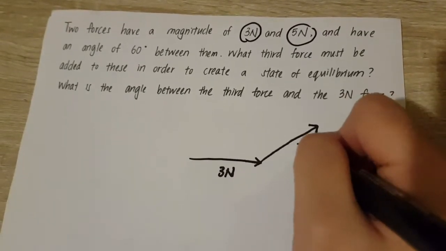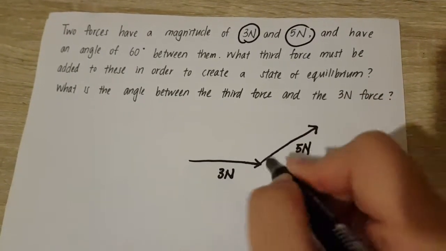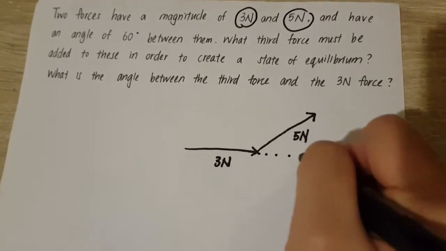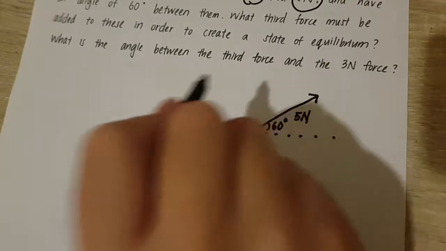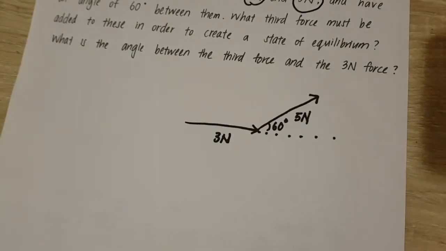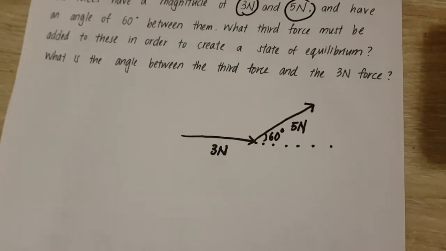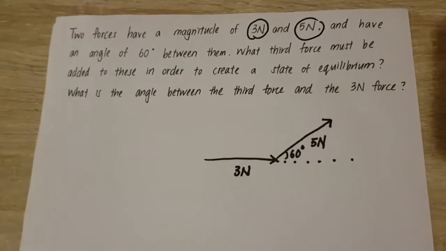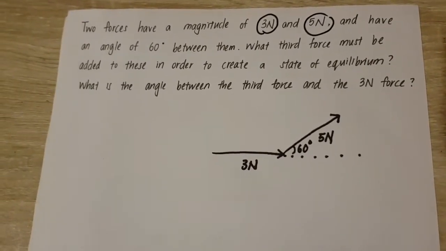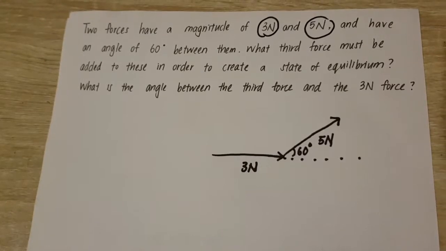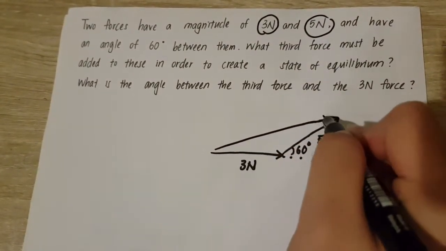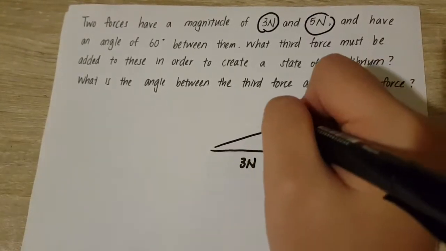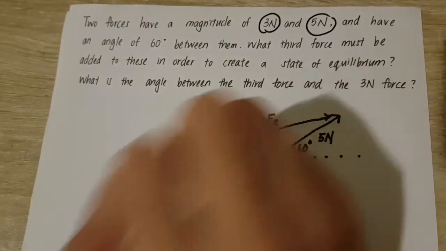So the 5 Newton will be like this, and it makes a 60 degree angle. Okay, so now the net force of these two, which we call the resultant force, will be formed over here. Let's say this is Fr.